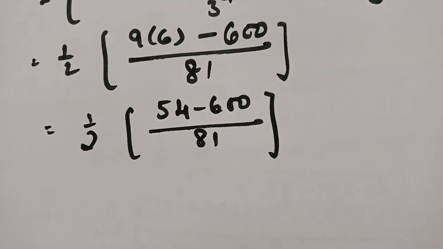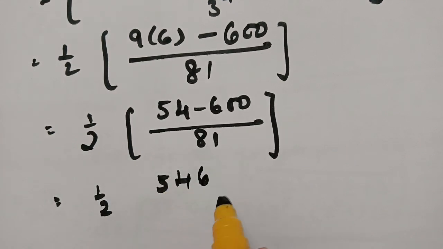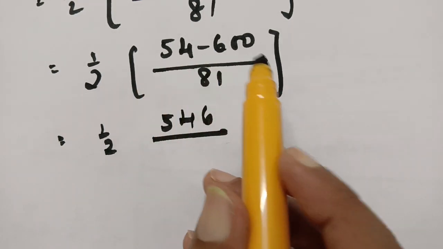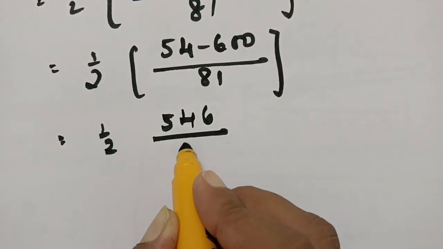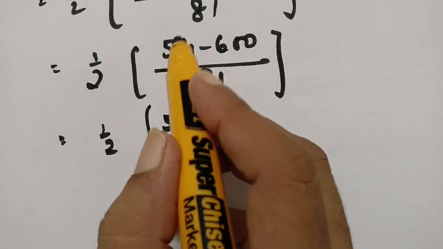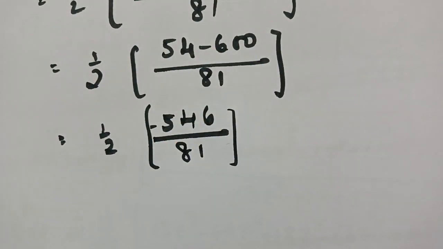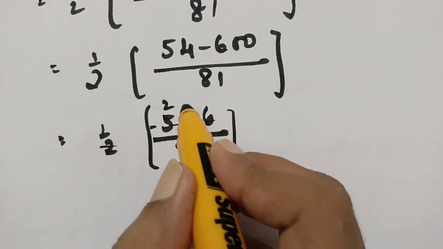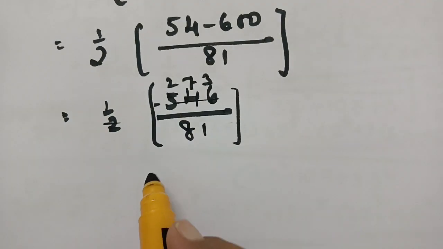So if I subtract, this will be half times of 546. If I subtract 54 from this one, this will be 46 by 81. So again if I cancel, this value is minus. So if I cancel in two table, 2 2s are 2, 7 2s, 2 3s are.